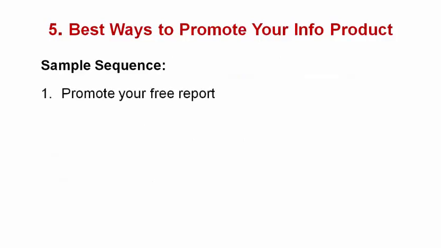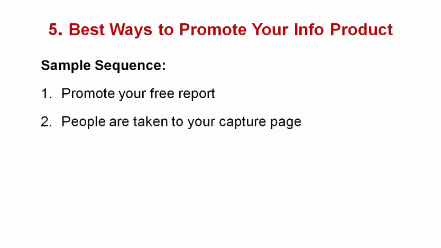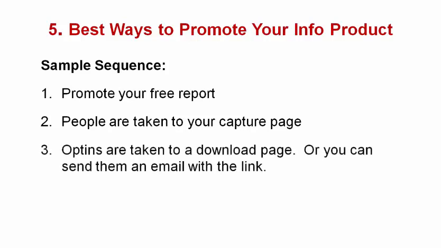Now, a sample sequence would look something like this. Promote your free report using some of those methods I've just discussed. People are taken to your capture page. Opt-ins are taken to a download page, or you can send them an email with the link.